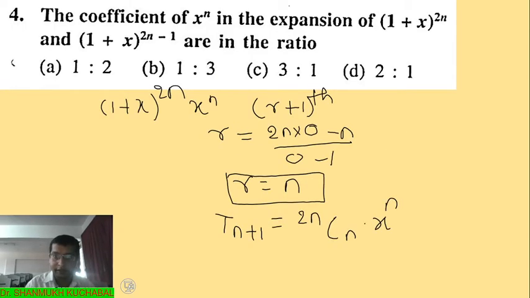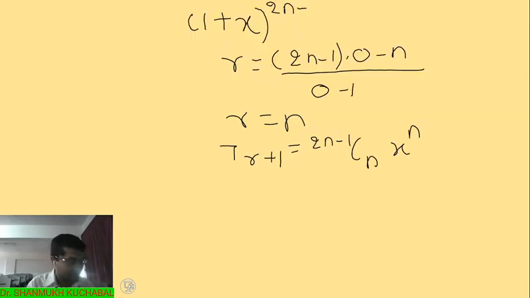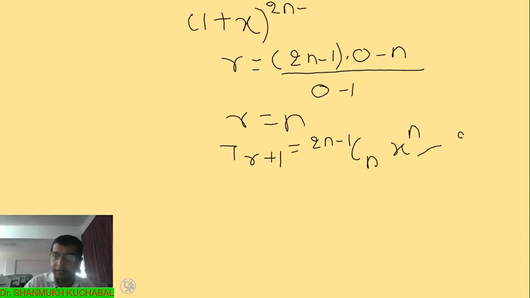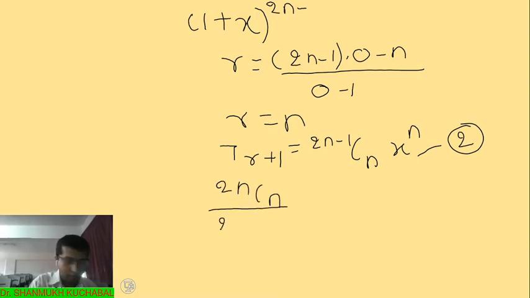Further, this ratio we will take. I call it equation 1, and this is our equation 2. If we take the ratio, we get 2n Cn divided by 2n minus 1 Cn.